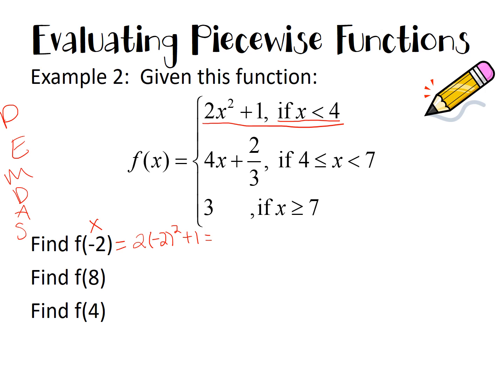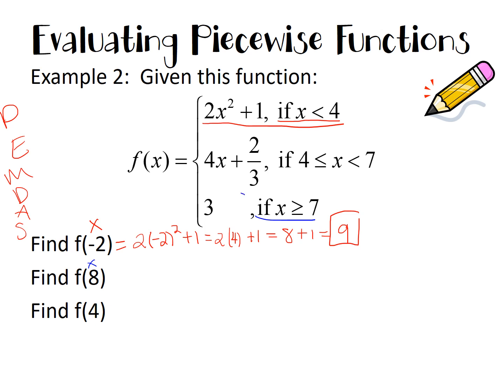Do the exponent first, so -2 squared would be 4. That's getting multiplied by 2, and we're adding 1. 2 times 4 is 8, plus 1, we get back 9. So f of -2 is 9. Now we want to find f when x is 8. And so x is greater than or equal to 7.